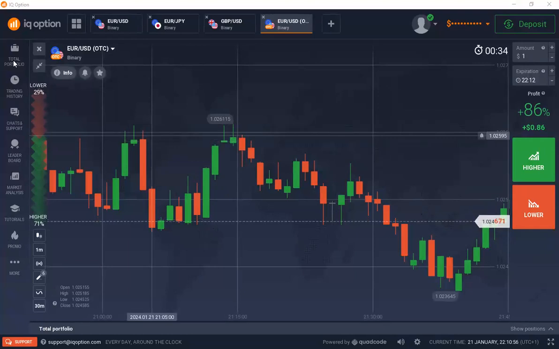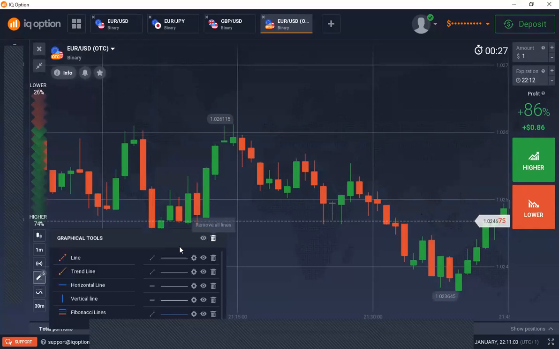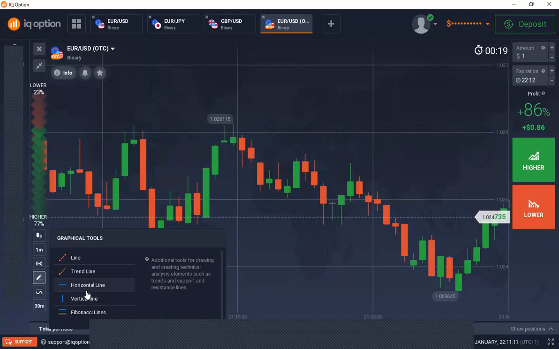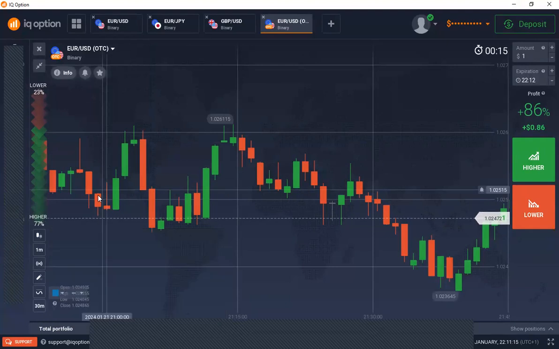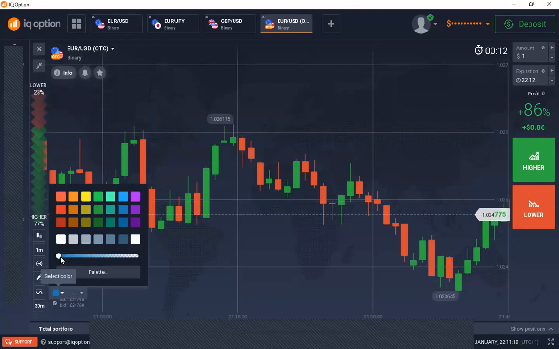So let's see what happens. So I'm going to pick up a horizontal line. So I change the color to white.